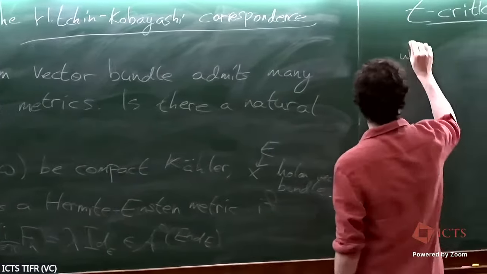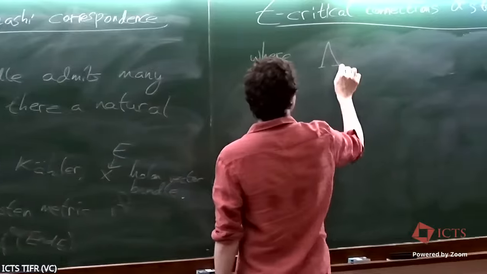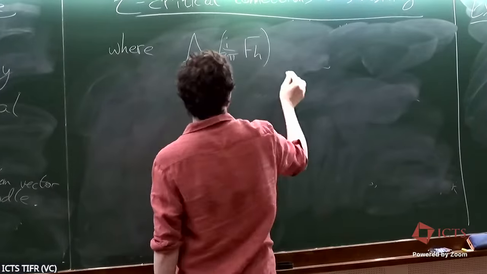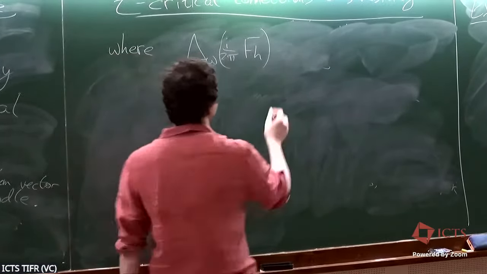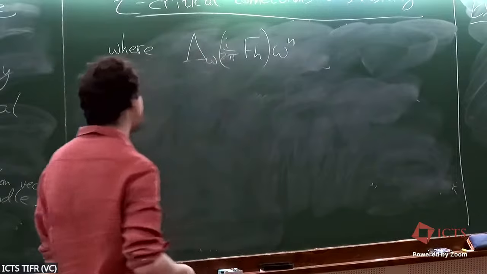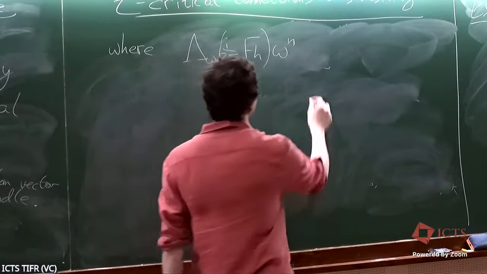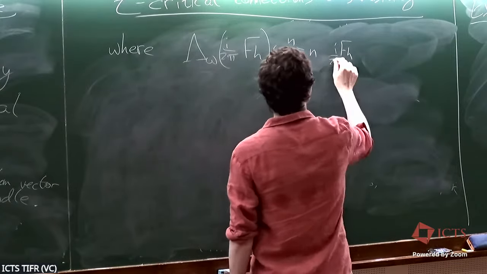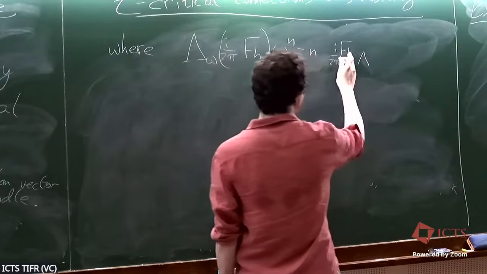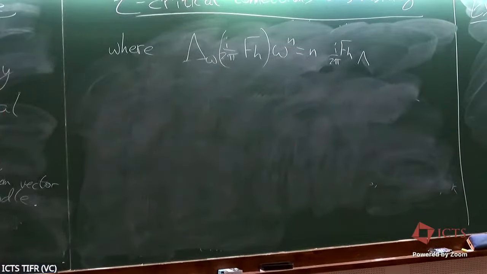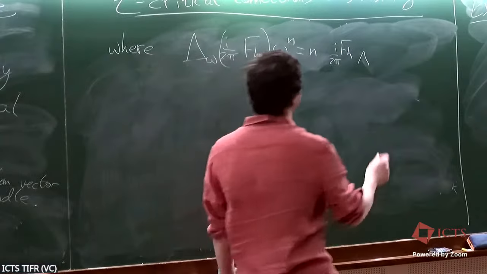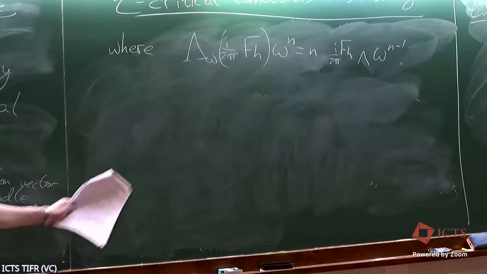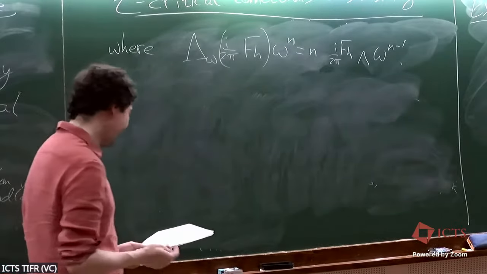So the contraction of i over 2 pi F_h is a section of End E such that if I multiply it by my volume form, that gives me an (n,n)-form with values in End E. This is just, up to scaling, the same thing without the trace, but now that's a (1,1)-form with values in End E. I want to get back an (n,n)-form with values in End E, so I should wedge with omega to the n minus 1. So this is an operation determined by omega. That's why omega is involved in the notation. This is like a trace operation using the metric.